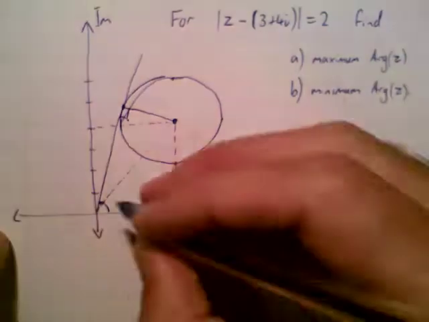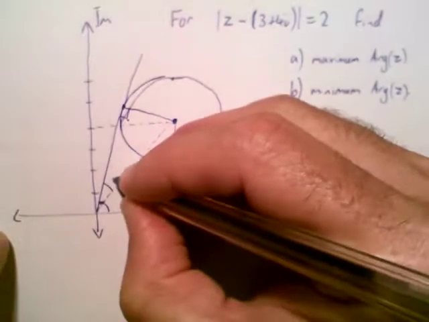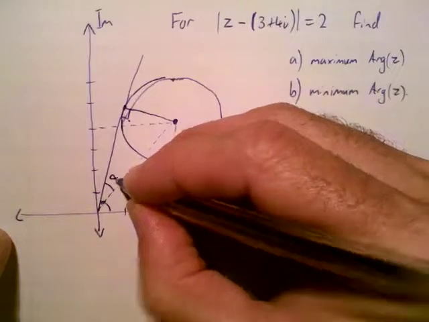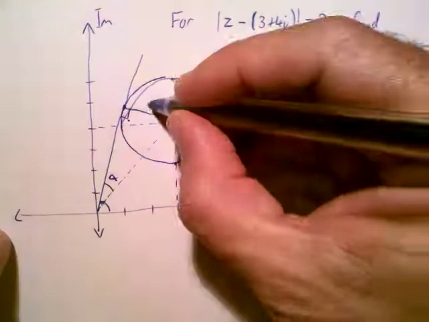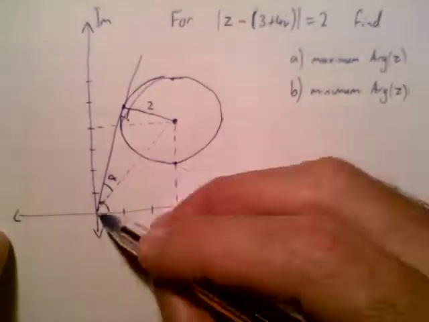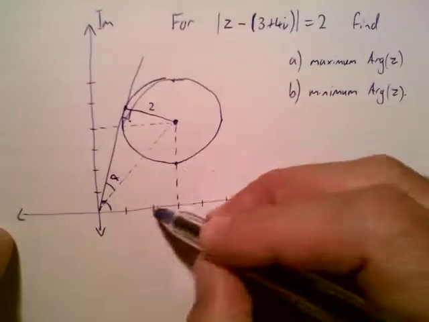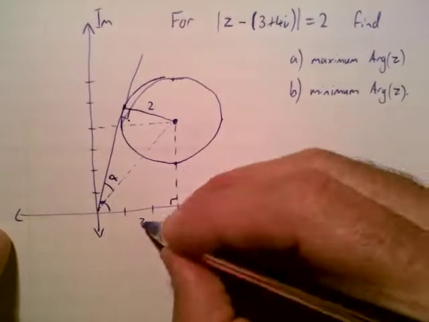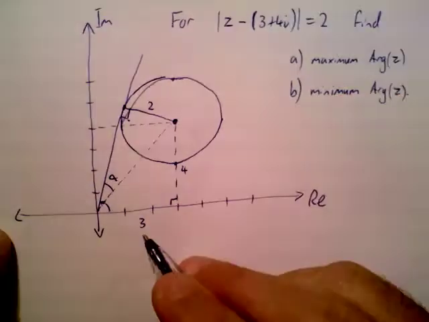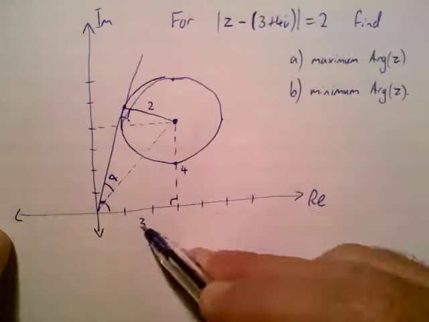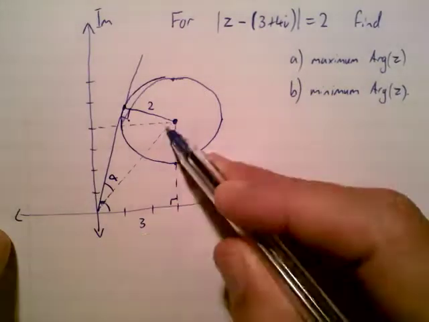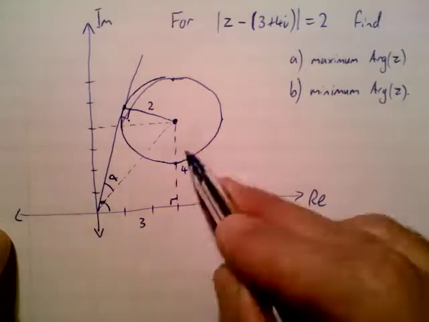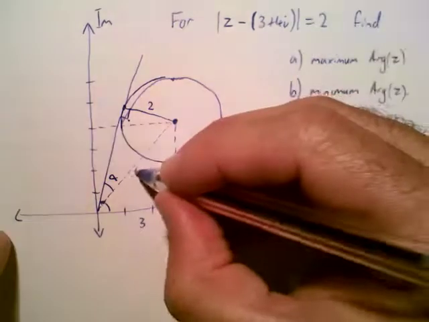And what we can do is first of all work out this angle here, alpha. We know first of all that we've got a radius of 2, and we can also find the hypotenuse of this triangle. So we've got 3 units, 4 units. We could use Pythagoras' theorem to find the hypotenuse. 3 squared plus 4 squared is 25, square root of 25 is 5, or in fact we've got a 3, 4, 5 Pythagorean triad.